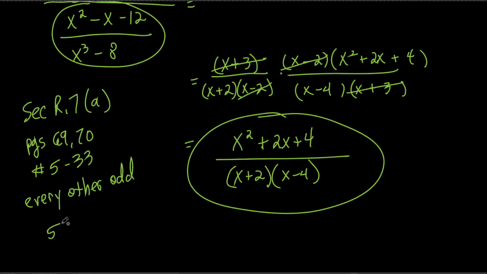So you're doing 5. Are you going to do 7? No. What's the next one? 9. Are you going to do 11? No. What's the next one? 13. Then 17. Then 21. Then 25. Then 29. Oh, it does go to 33. And then 33. So those are the ones you're doing right there.